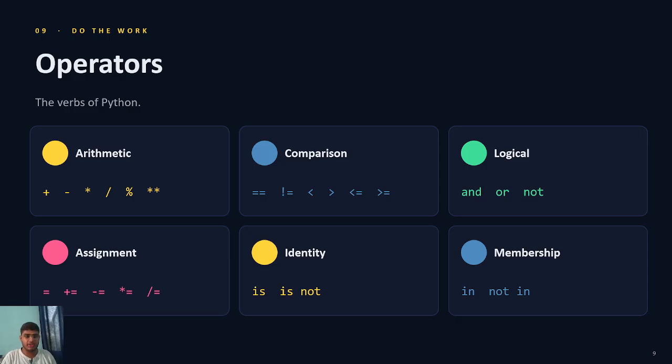So what are operators? Operators are of different types, like the verbs of Python. Arithmetic operators include plus, minus, this is the symbol for multiplication, and divide, modulus, and the power.